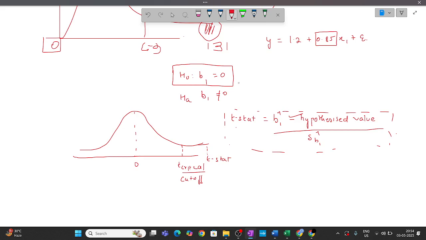It is different from 0, so I'm going to reject the null and favor the alternate and conclude that there is some relationship between x1 and y.